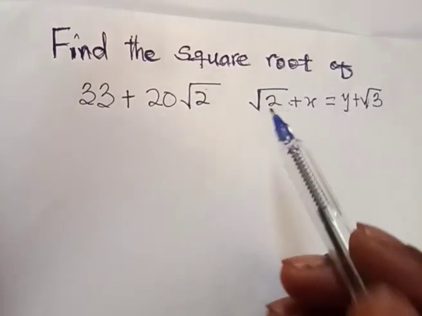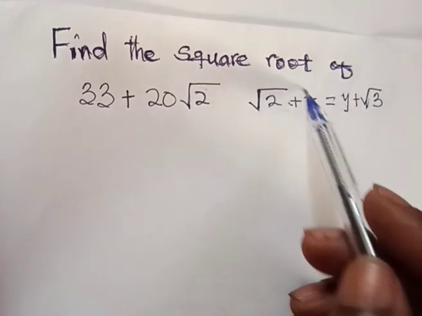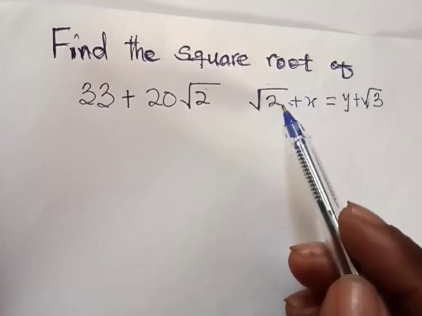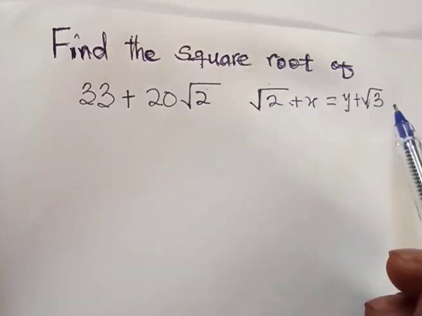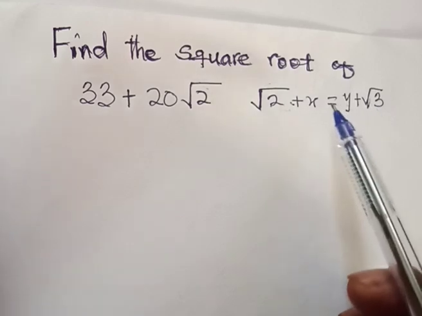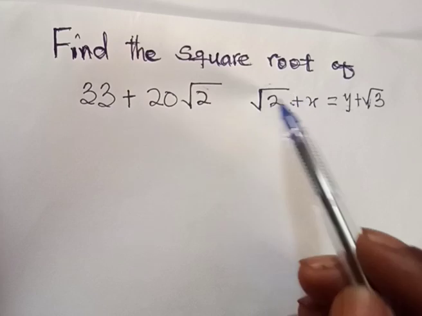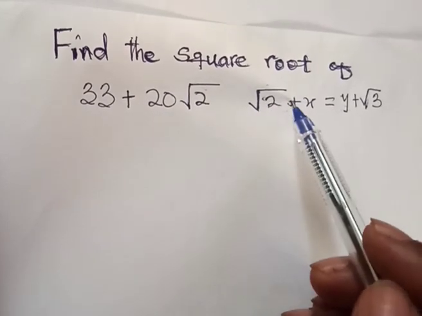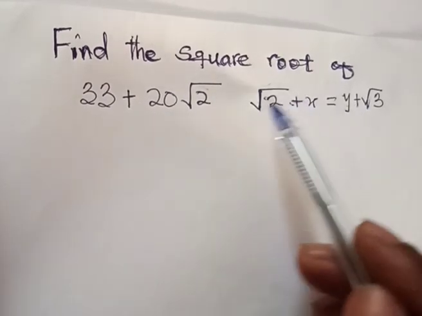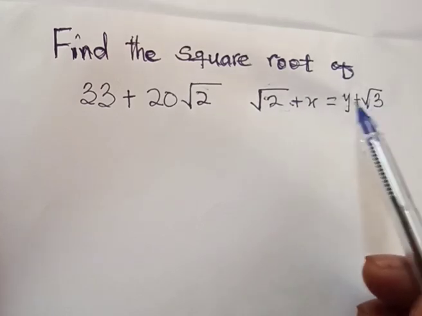Look at this. You have this expression at the left side and this expression at the right side. So what you do is you look at the corresponding entities. There's addition here which is separating this 2, and there's addition here which is separating this.